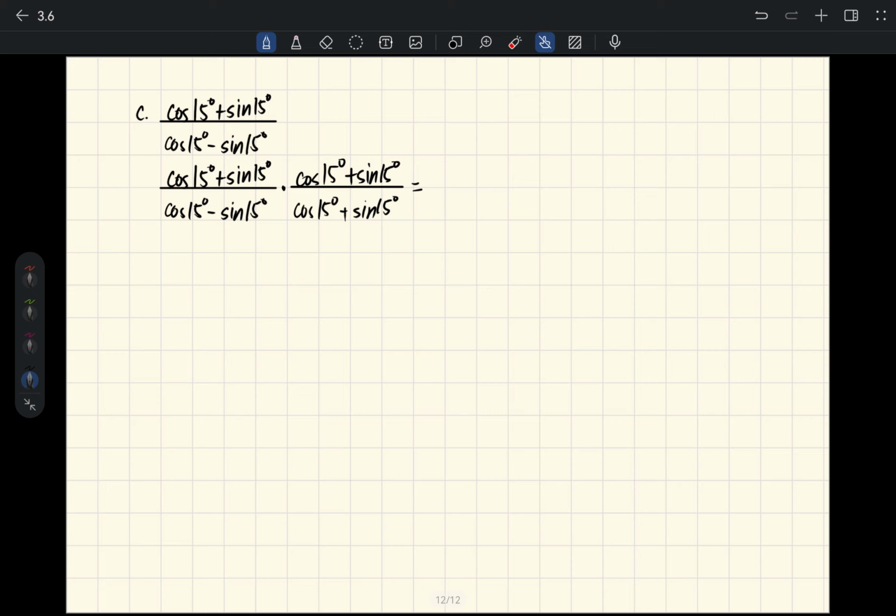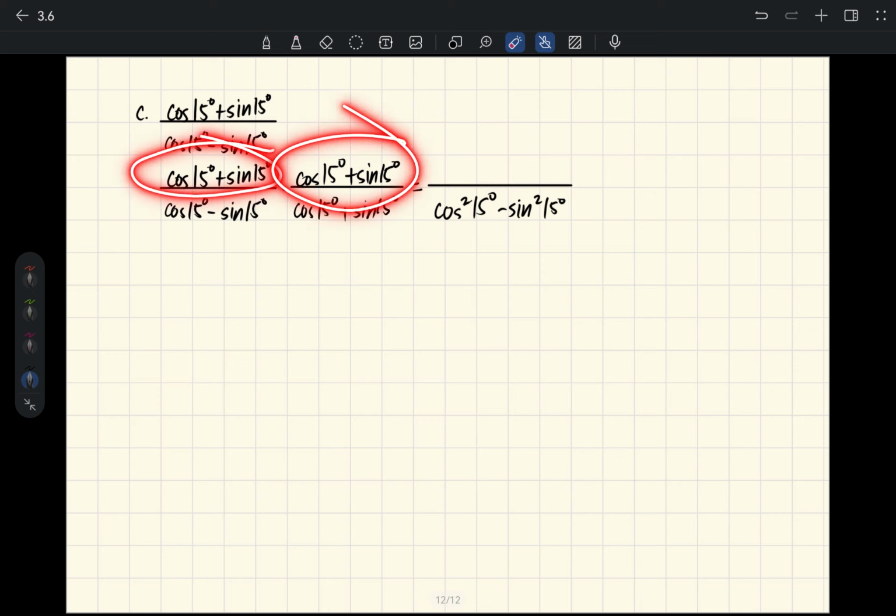in the denominator we'll get, take note, this is the same, so we can write this as cosine squared of 15 degrees minus sine squared of 15 degrees. And in the numerator, you have the same thing right here.